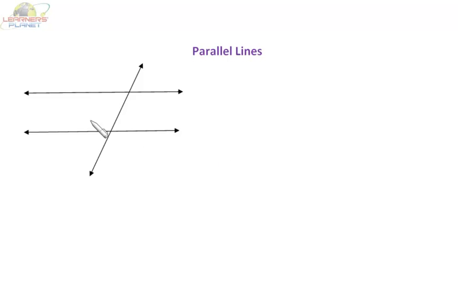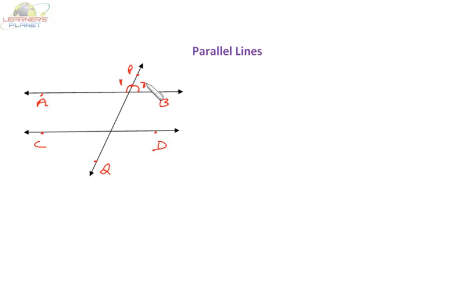Now here we see two parallel lines. We call this line AB, and this is line CD, and this is a transversal that is intersecting them, and we call it line PQ. We have already discussed that when a transversal intersects two lines, 8 angles are formed. Here line AB is parallel to line CD, and these are the 8 angles which are formed.